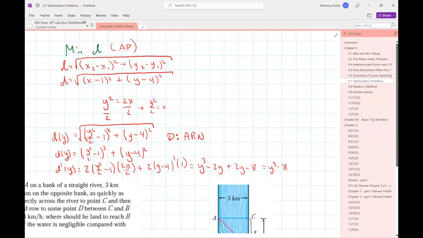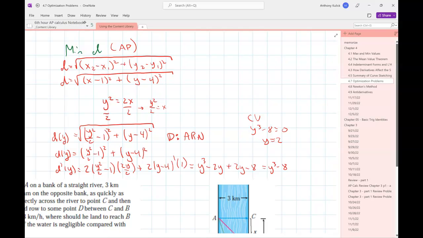So if I look at the derivative, is that undefined anywhere? No. So the critical values are just going to be where that derivative is equal to 0. So that's going to be 2. Wait a second, Mr. Kulik. It's a third-degree polynomial. You only reported one answer.